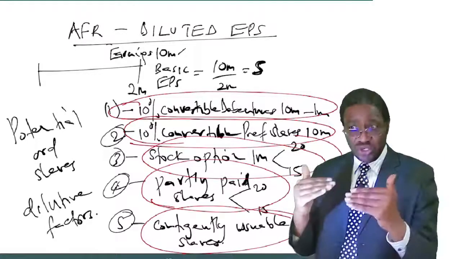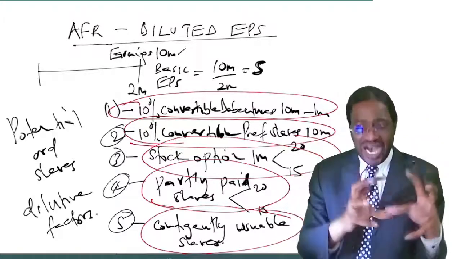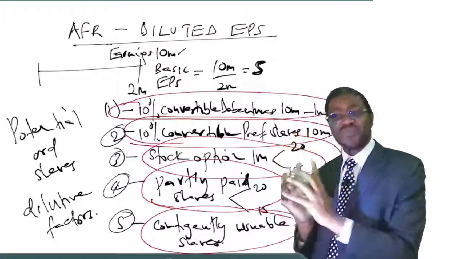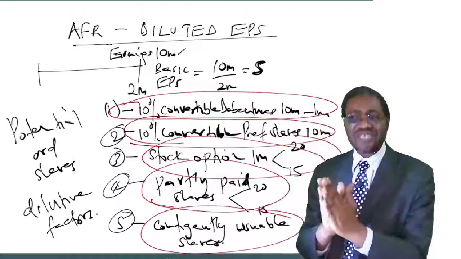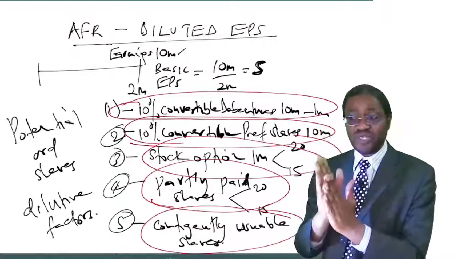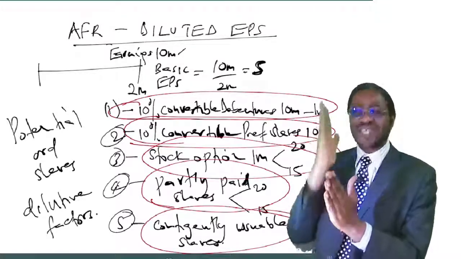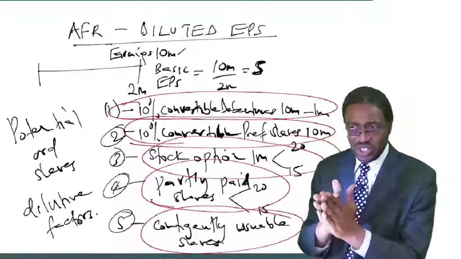Then I told you to the number of shares used for basic EPS, add the number of shares to be issued on conversion. Then I told you, if the preference shares were issued in between the year, then the conversion is assumed to be with effect from the date of the issue.